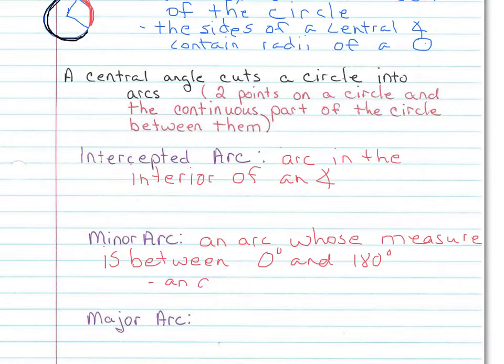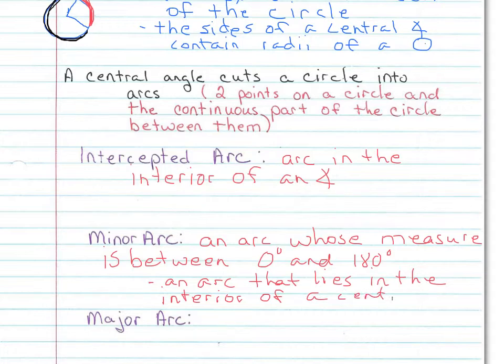Does that mean that every arc is a minor arc? No. Or else there wouldn't be major arcs, which is the next definition. A minor arc is an intercepted arc. It lies between 0 and 180, and in the circle that I drew up there, the red is a minor arc. It's between 0 and 180, and it lies in the interior of a central angle.